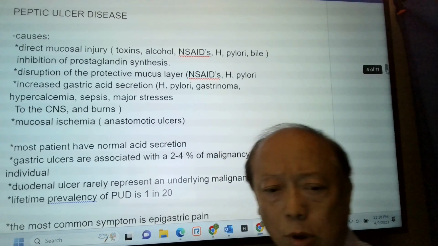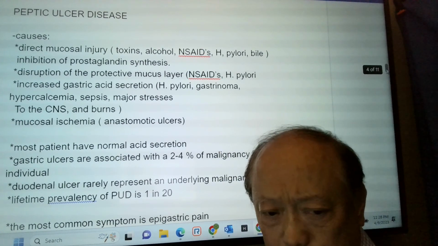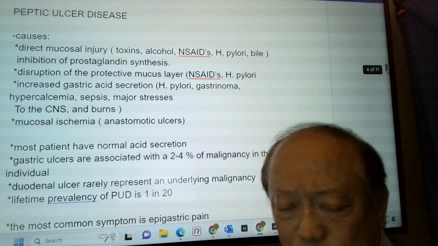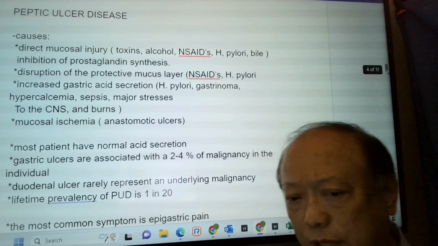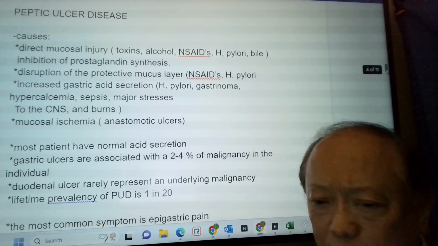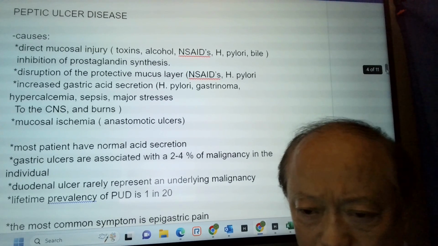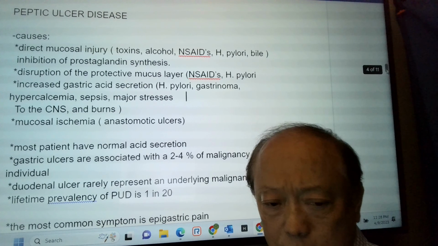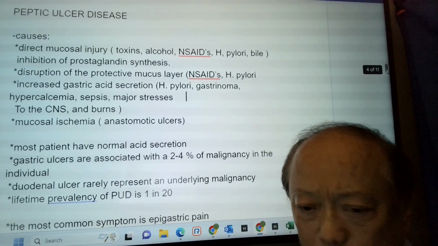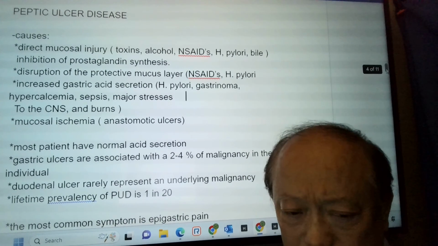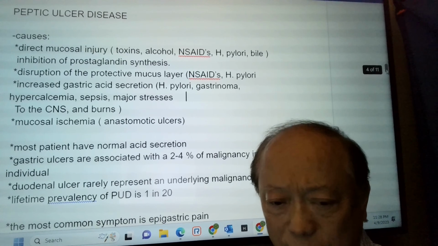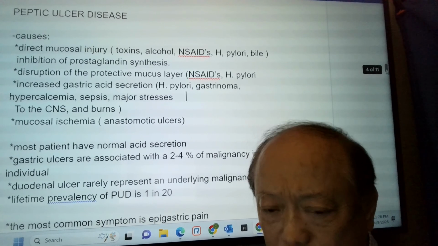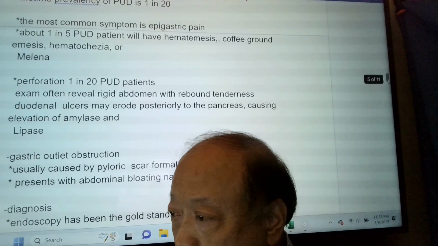Most patients have normal acid secretion. Gastric ulcers are associated with malignancy in 2 to 4% of individuals. Duodenal ulcers rarely represent any underlying malignancy. The lifetime prevalence of peptic ulcer disease is about 1 in 20.